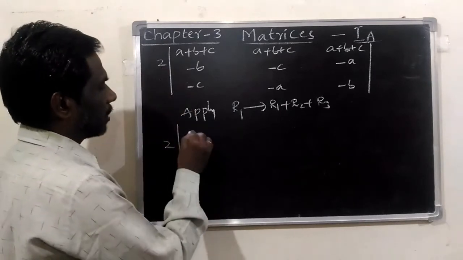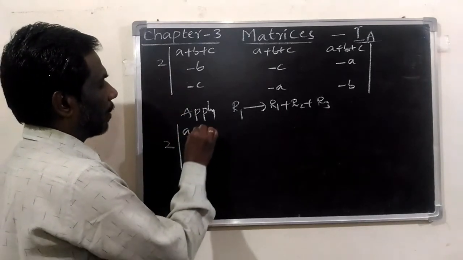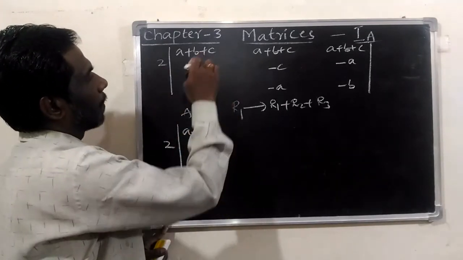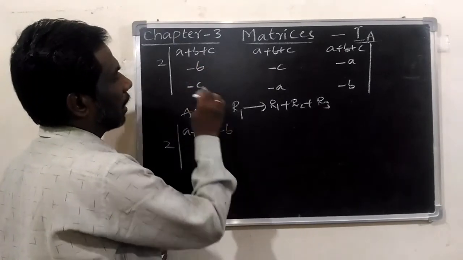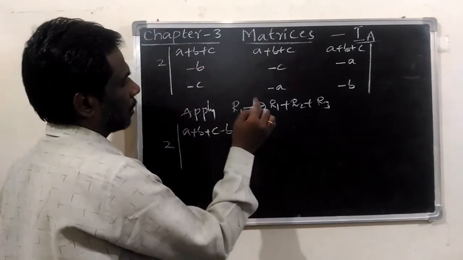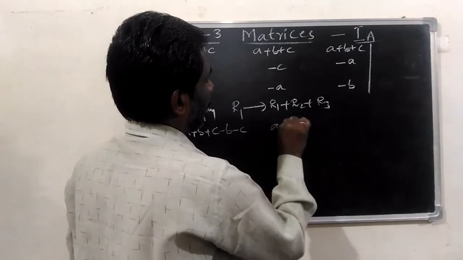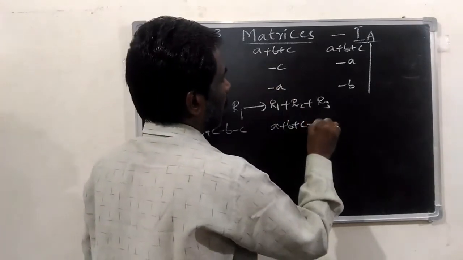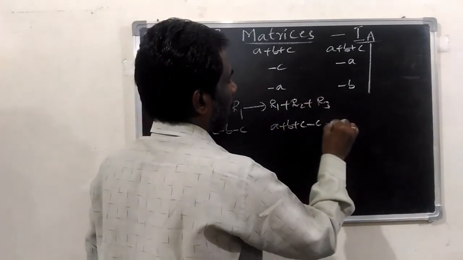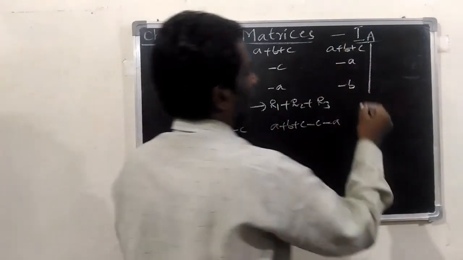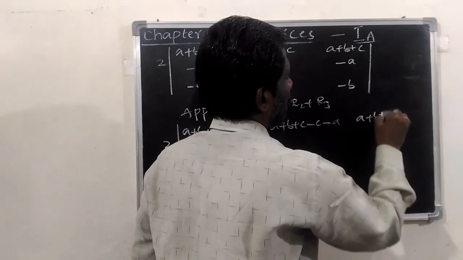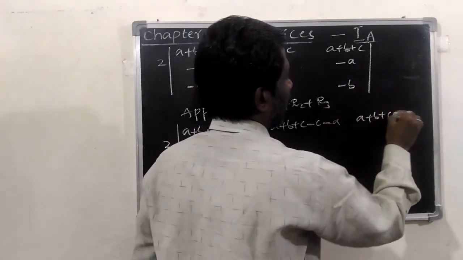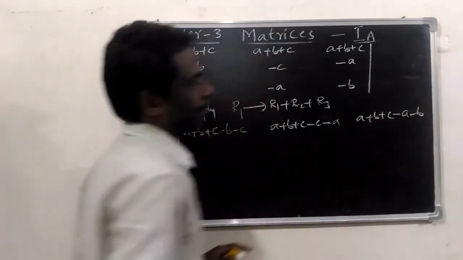R1 is A plus B plus C, and R2 is minus B and R3 is minus C. And here A plus B plus C is R1 and R2 is minus C and R3 is minus A. And here A plus B plus C, minus A and minus B.